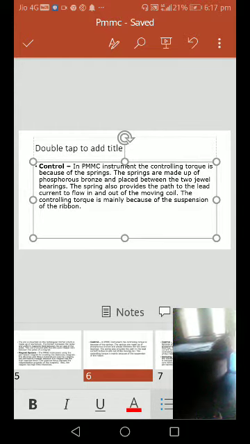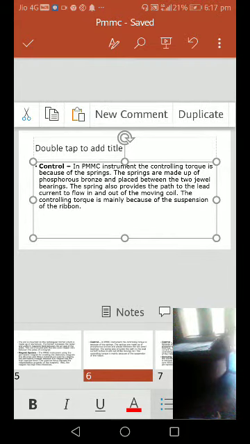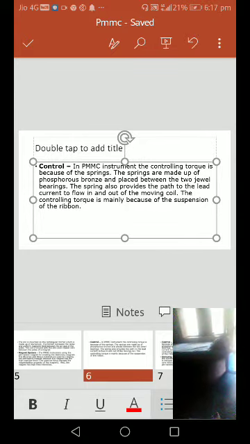The spring also provides the path to lead current to flow in and out of the moving coil.